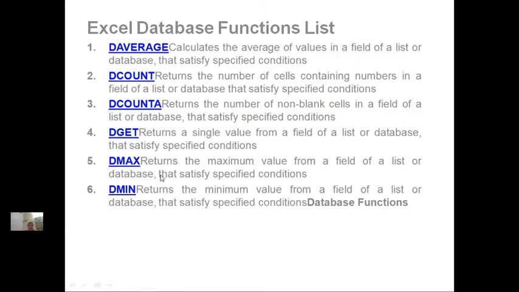Again, dmax returns the maximum value from a field of a list or database that satisfy specified conditions. That is why these are all database functions which start with the letter D: daverage, dcount, dcount A, dget, dmax, dmin. Now what is this dmin function?